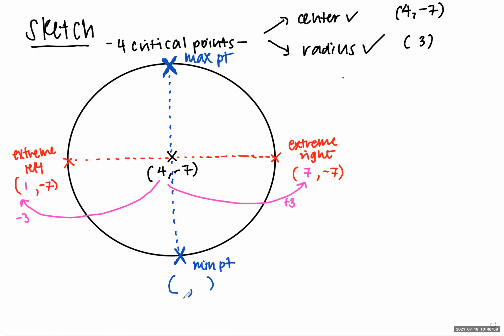So what do you notice about your maximum point and your minimum point? What is the same? Yes, the x will all be the same. So from here, we can go and find the y value. How are we going to find the y value then? We look at the y of the center. What do we do with the y of the center to get this point?